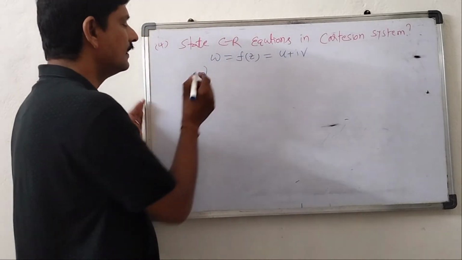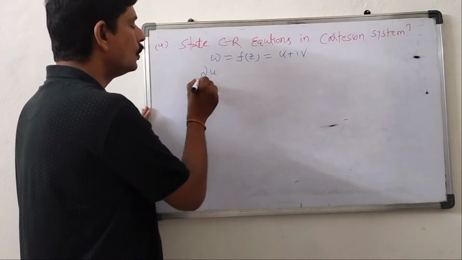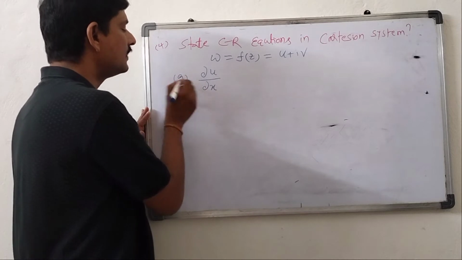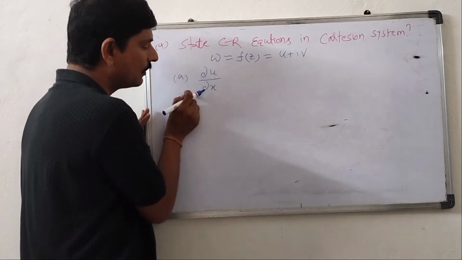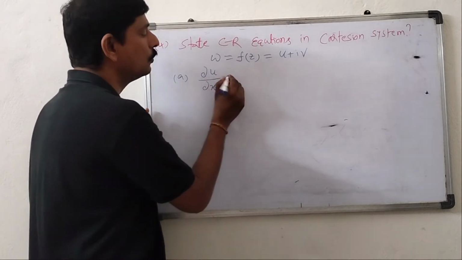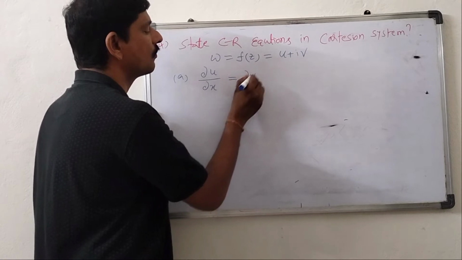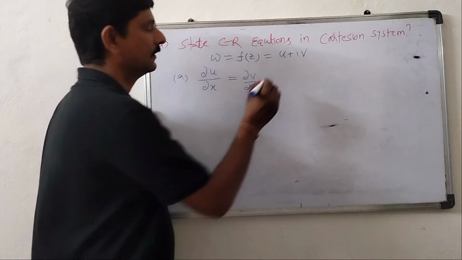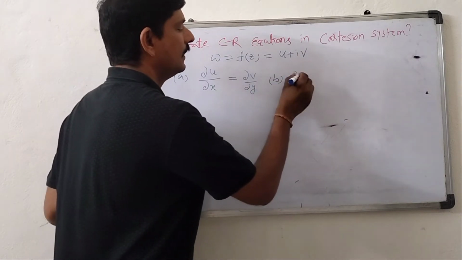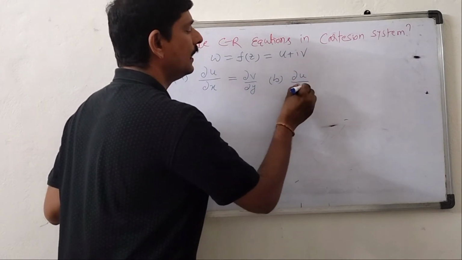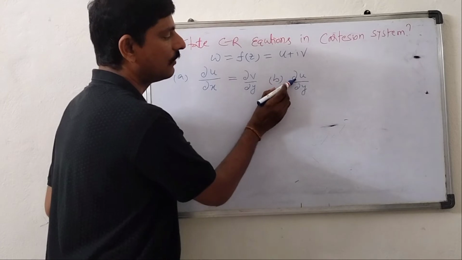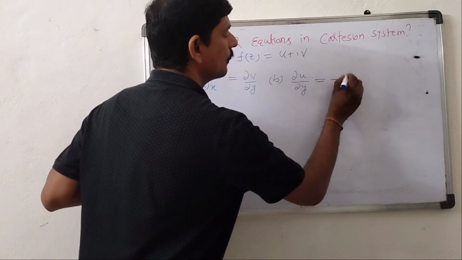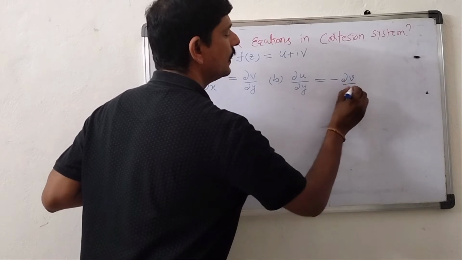What is the necessary condition? Dou u by dou x, the partial derivative of u with respect to x, is equal to dou v by dou y. And dou u by dou y, the partial derivative of u with respect to y, is equal to minus dou v by dou x.